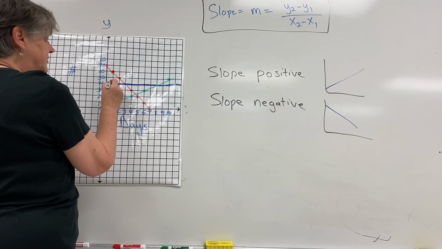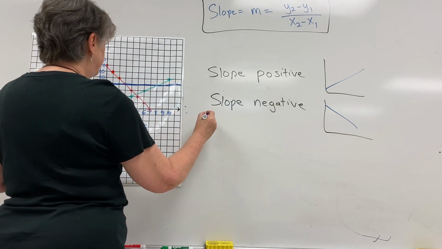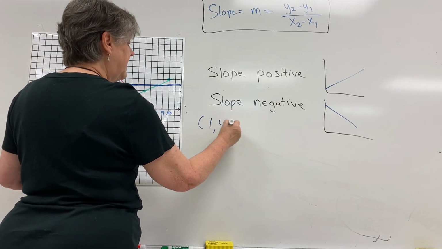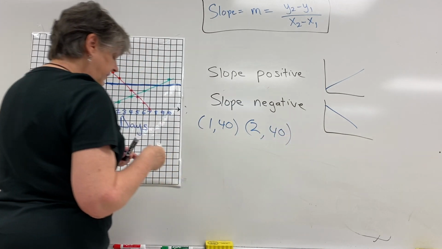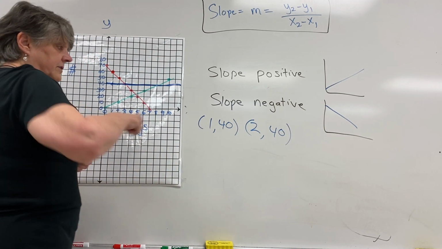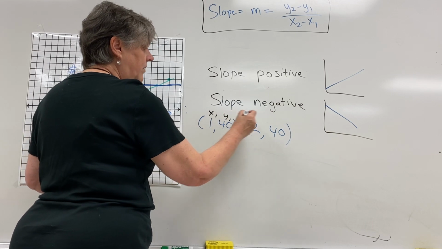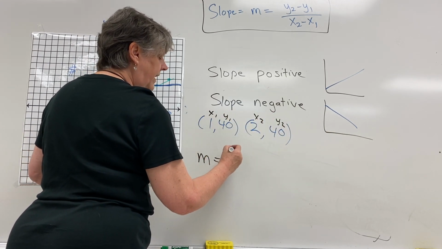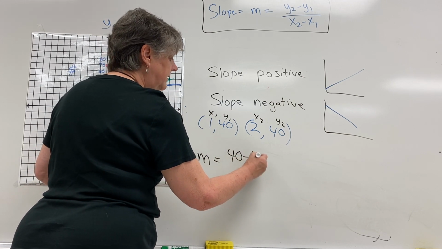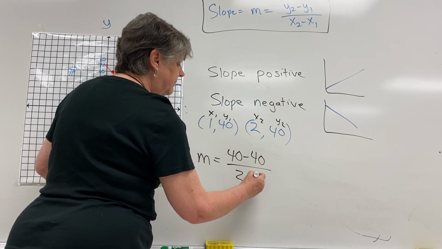Notice that if I chose 2 points here, I would choose 1, 40 and 2, 40. And if I put that into my slope calculation, remember this is going to be x1, y1, x2, y2. Put it in, y2 minus y1 over x2 minus x1.